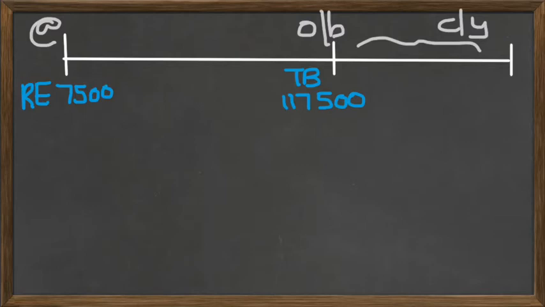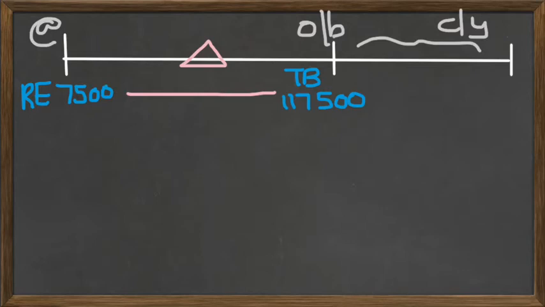Then what we have to do is identify the movement between these two amounts, because only the movement is allowed to be in the group, and of that movement we now need to determine how much is attributable to the preference shareholders and how much is attributable to the ordinary shareholders.